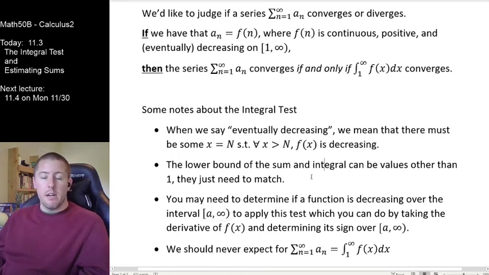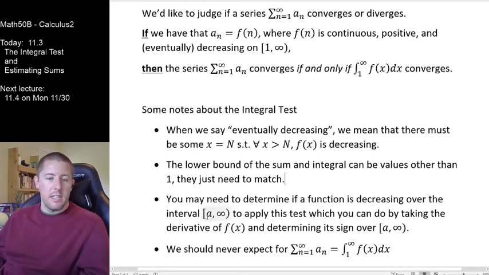Next, we might need to determine if a function is decreasing, right? Decreasing is a requirement to use the integral test. So you can't start computing integrals to help you determine convergence or divergence if we don't know that we're decreasing. Some functions, it's not obvious if they're decreasing, and so you need to remember Calc 1. In Calc 1, we spent time on these things where we said, if you want to judge if a function's decreasing, then you can take the derivative of that function and decide if it's negative over the interval of interest.